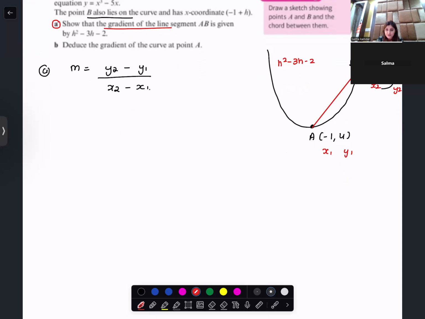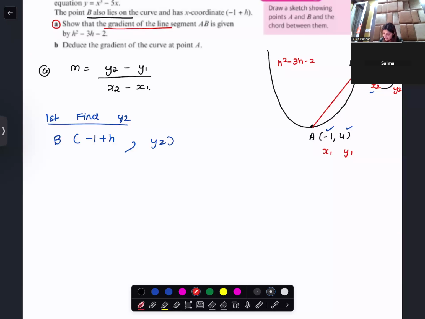We have x1, we have y1, we have x2, we do not have y2. So the first thing I need to do is find y2. The coordinates of point B are minus 1 plus h, comma y2, and I do not know my y2.